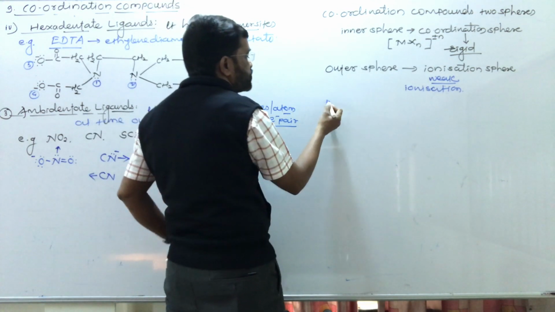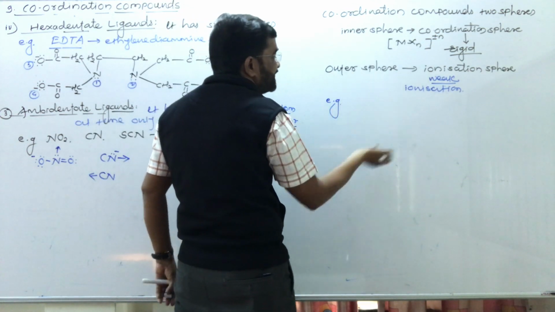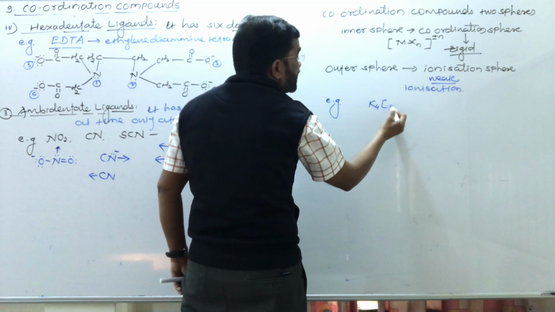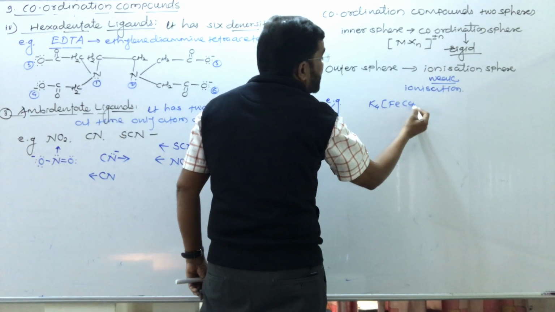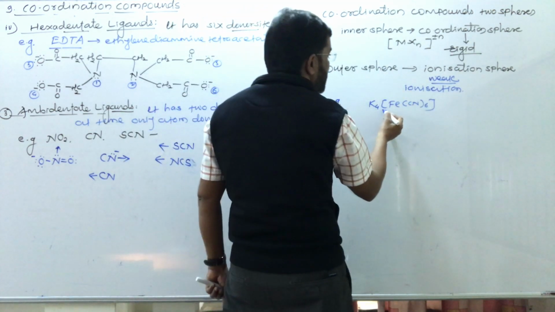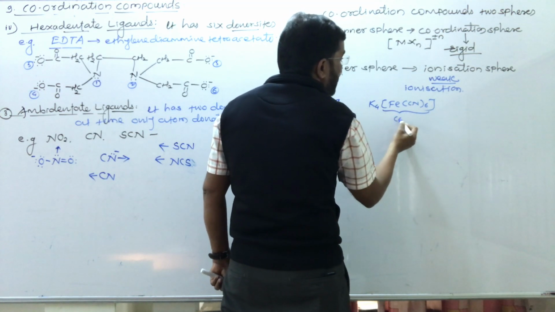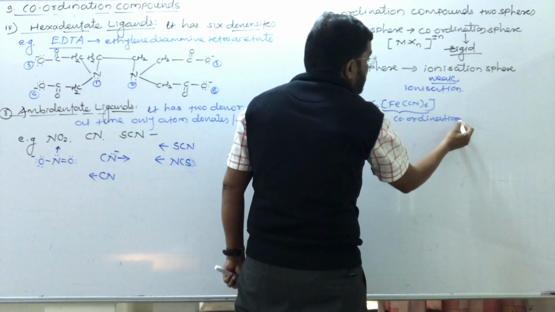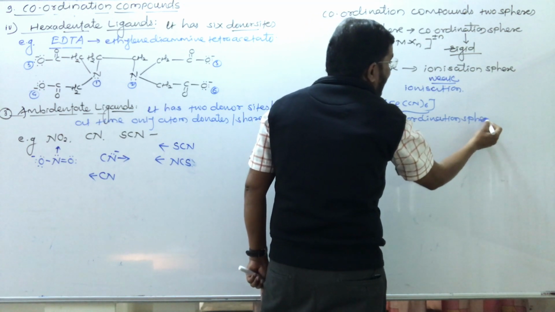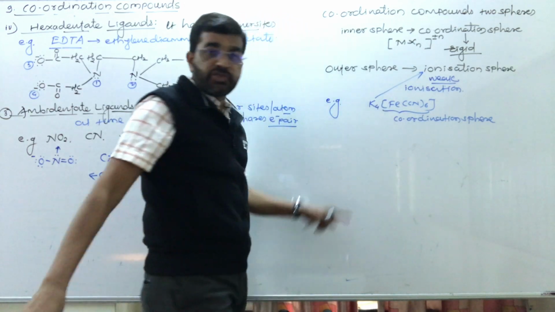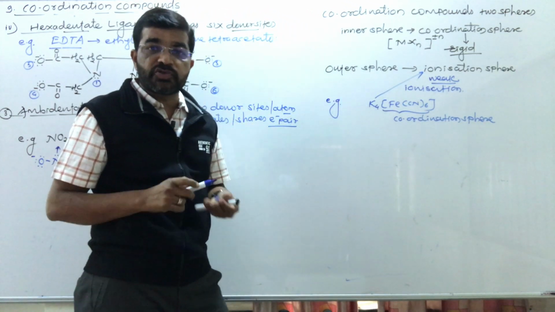For example, you see here K4[Fe(CN)6]. Here this is the coordination sphere, and this is the ionization sphere.